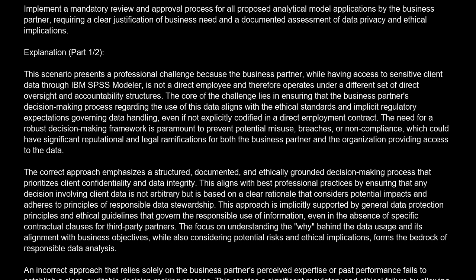This approach is implicitly supported by general data protection principles and ethical guidelines that govern the responsible use of information, even in the absence of specific contractual clauses for third-party partners. The focus on understanding the why behind the data usage and its alignment with business objectives, while also considering potential risks and ethical implications, forms the bedrock of responsible data analysis.